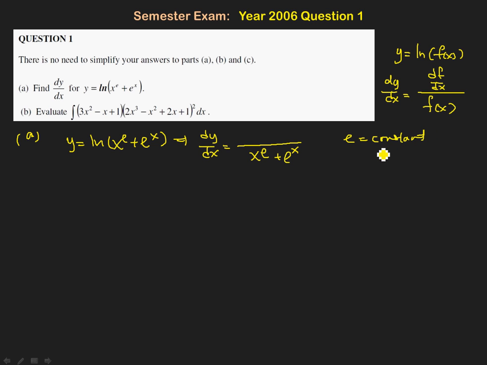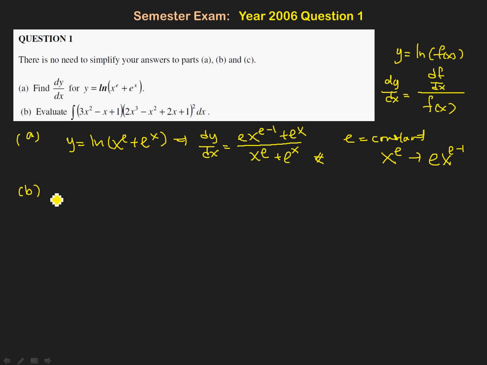So when you differentiate x^e, you get e x^(e-1). So you can just do that: e x^(e-1) + e^x. And you do not have to simplify this, so that's it.